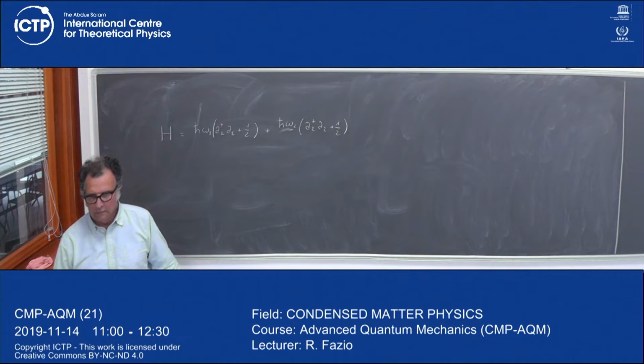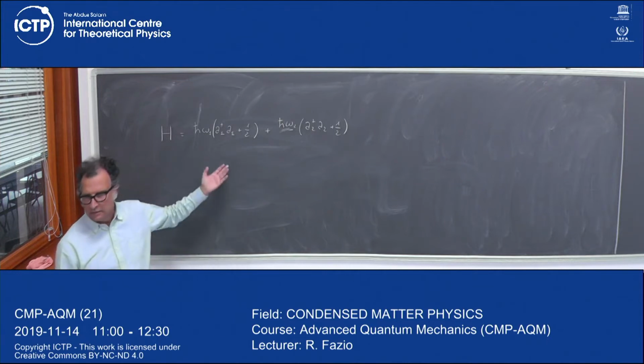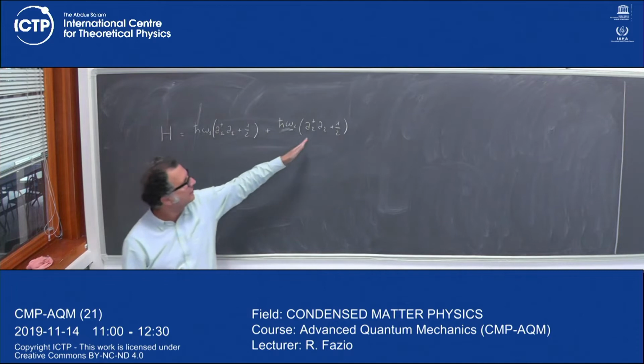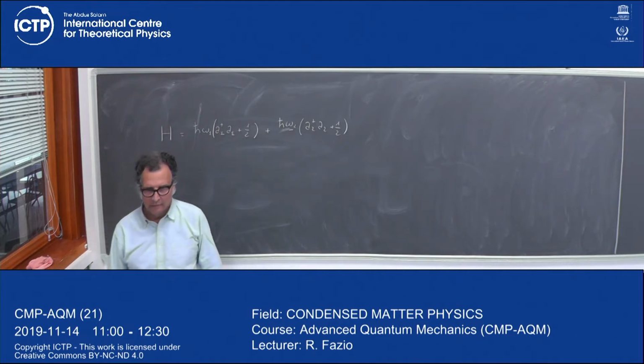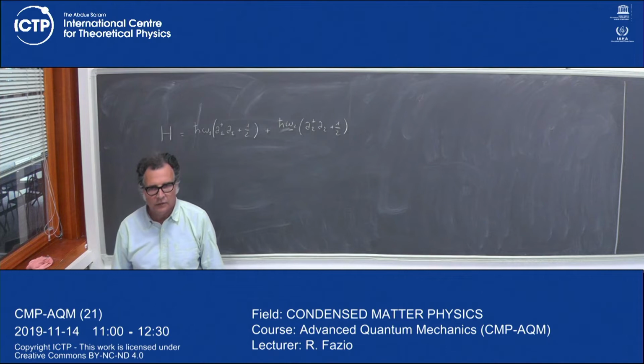Clear? This can be, for instance, a harmonic oscillator in two dimensions. If I take x and px and y and py, and I introduce, say, ax and ay, then I can write it this way. Very good. So, what are the eigenvalues?